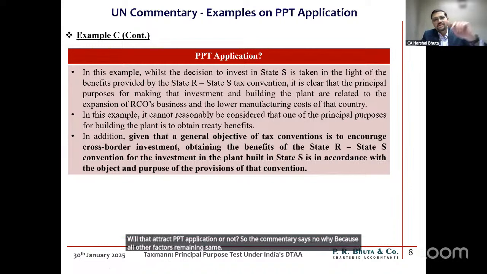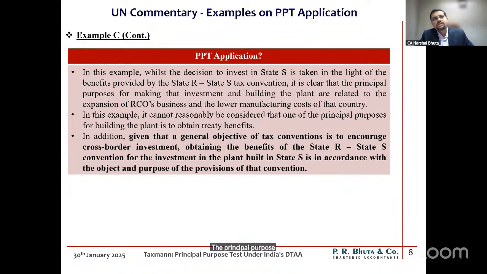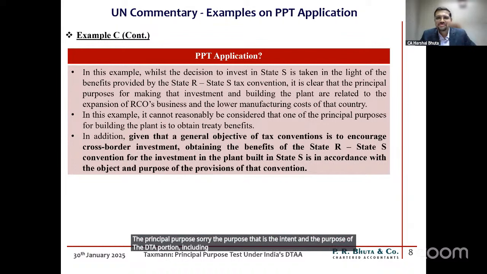Why? Because all other factors remain the same. The principal purpose, that is the intent and the purpose of the DTA per se, including these provisions, is that whatever subsidiary then distributes dividends, you will get the benefit of the DTA.